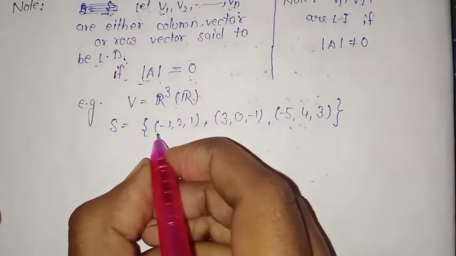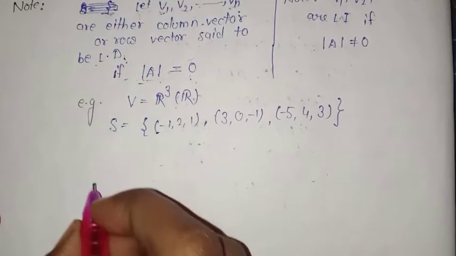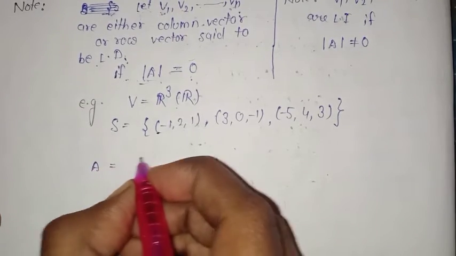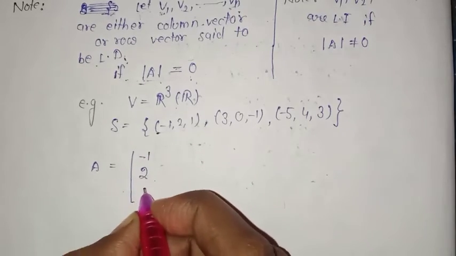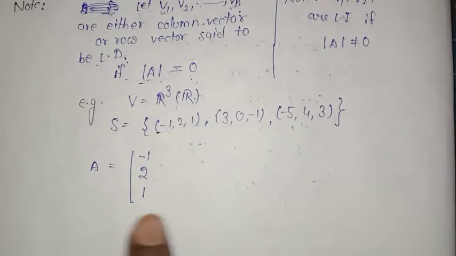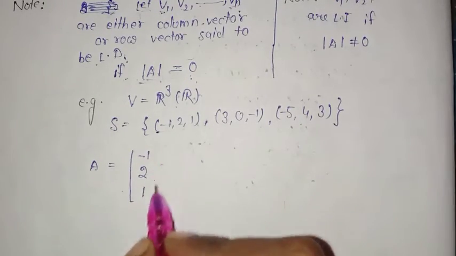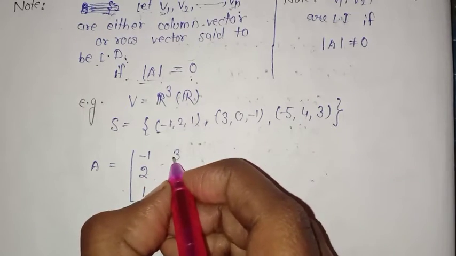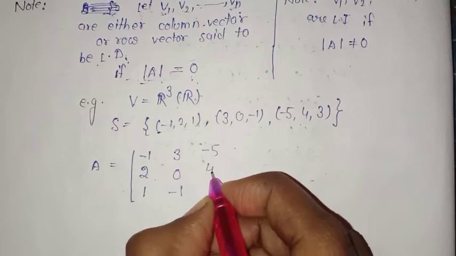Firstly, these are row vectors. We will put them in the form of a matrix. You can put them row wise or column wise. The answer will be the same, but I am putting them column wise: minus 1, 2, 1; 3, 0, minus 1; minus 5, 4, 3.